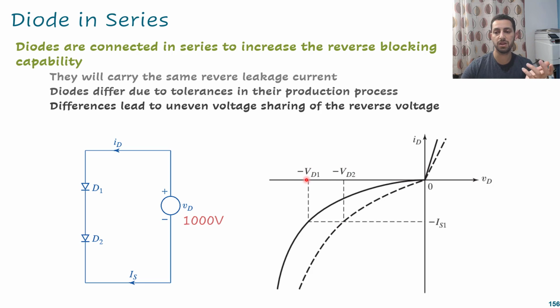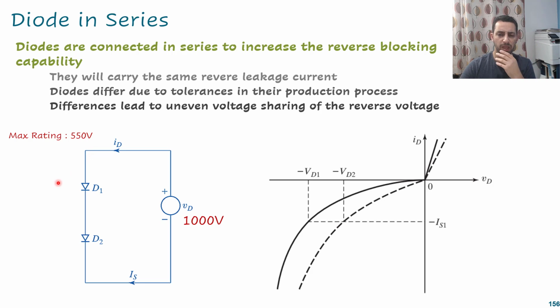For example, if I have 1000 volts in the reverse polarity, that means they are now in reverse bias, and we expect each one to have 500 volts. This is the expectation in the ideal scenario, and that's why I chose, for example, a diode with a maximum rating of 550 volts. This is how I designed my circuit.